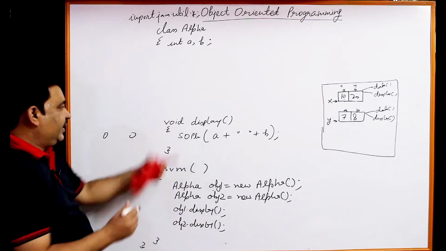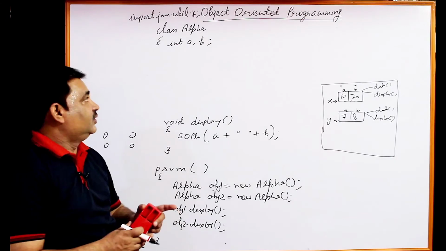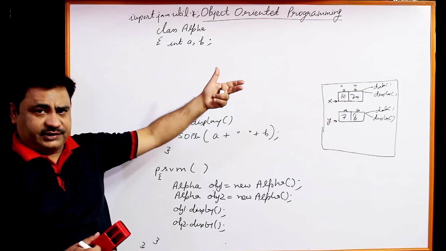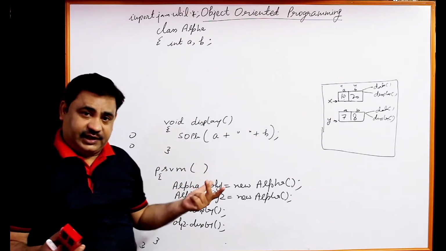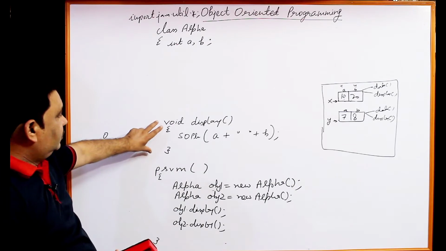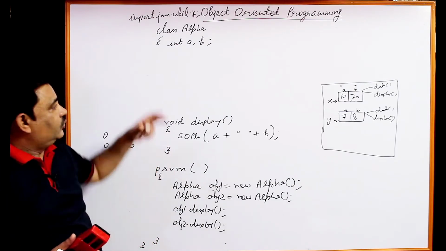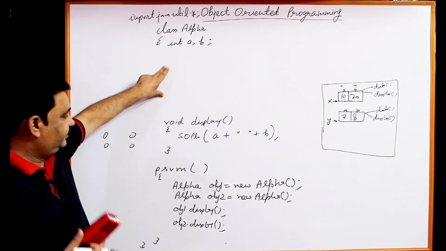Then second time object2 dot display, it will also print 0 0, because the default values of the data members for integer type is 0. For float it is 0.0, for double also, for boolean it is false, for string it is null. So you can assign different values to the variable using data function, just we had made in the previous program.